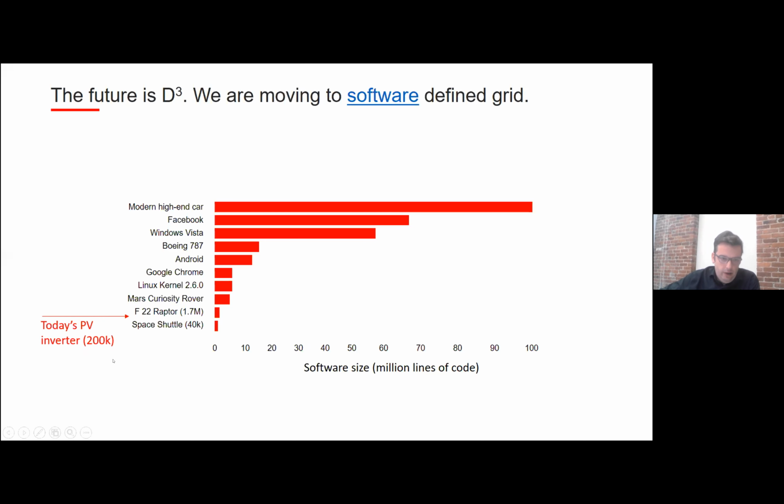Now, when you start looking at this complex system, here we have on the order of 100 ECUs. We're talking about 100 million lines of code.